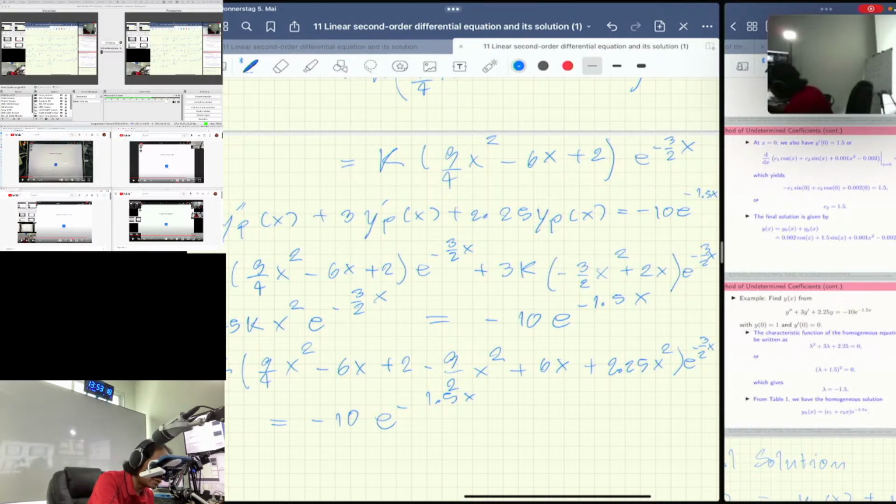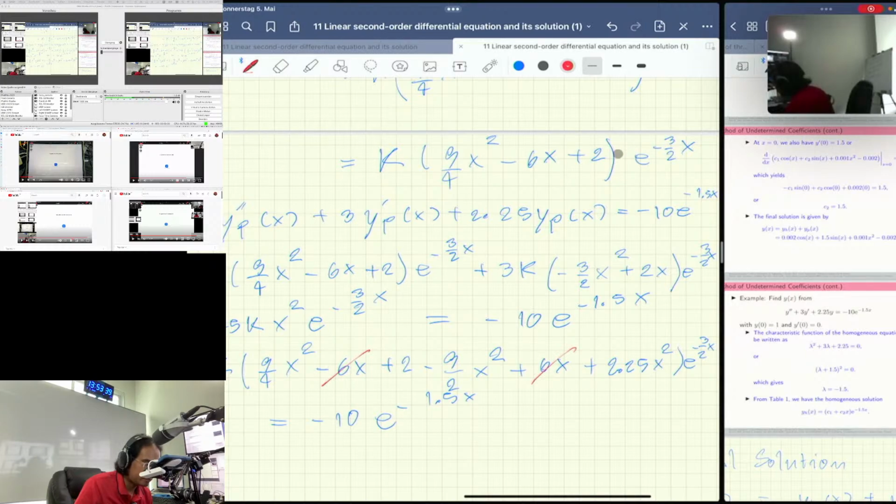And you can see that they will cancel each other. The term 2.25, right? 2.25 means this one, right?